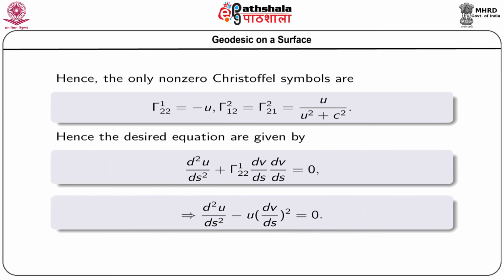Hence, the differential equations of geodesic on a helicoid are given by d²u/ds² plus Γ^1_22 (dv/ds)(dv/ds) equal to 0. That means, d²u/ds² minus u (dv/ds)² equal to 0.